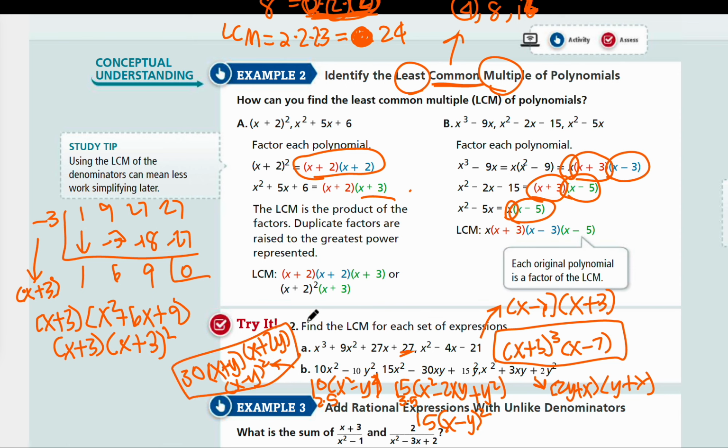It looks very complicated, but if you remember all the rules for factoring, you'll be able to factor the polynomials and figure out the LCM. So this is very important when you're adding and subtracting rational expressions, because obviously you have polynomials and you need to factor to match the denominator, right? So that was example 2, and try 2.